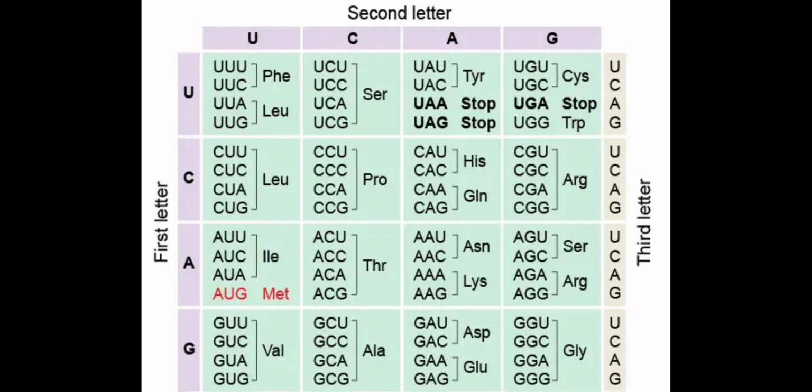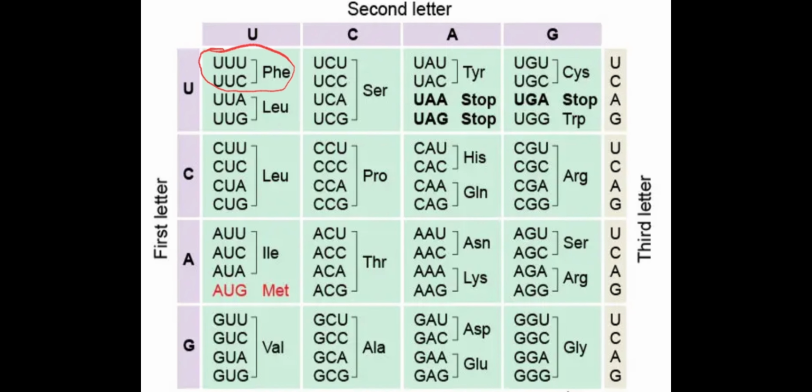And uracil, or U, is found in RNA instead of thymine. So instead of AGCT, you have AGCU. So this codon UUU produces the amino acid phenylalanine, and the order of the bases is important.